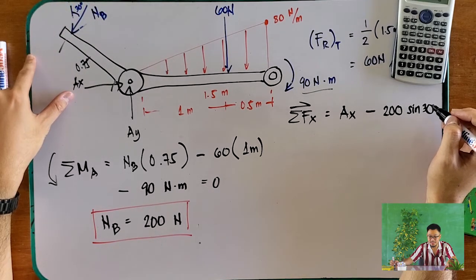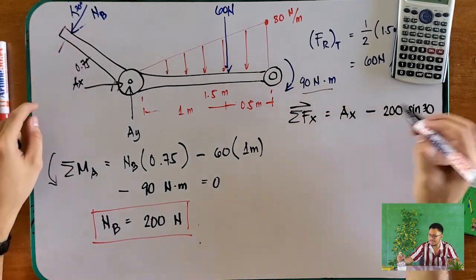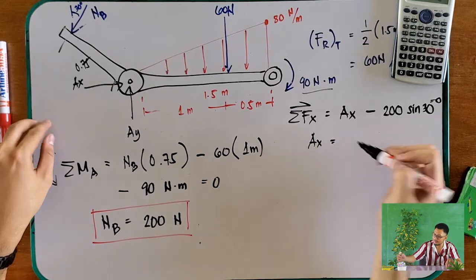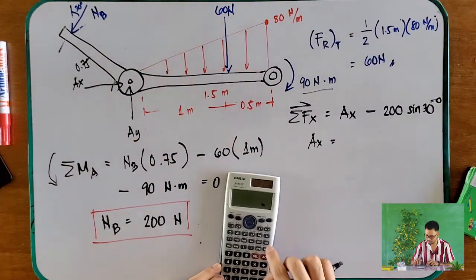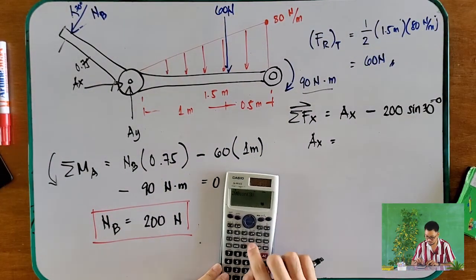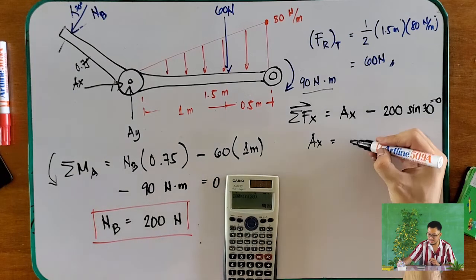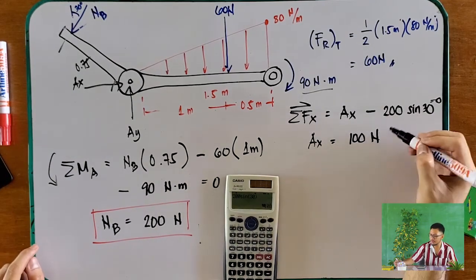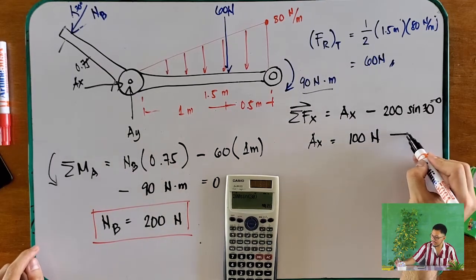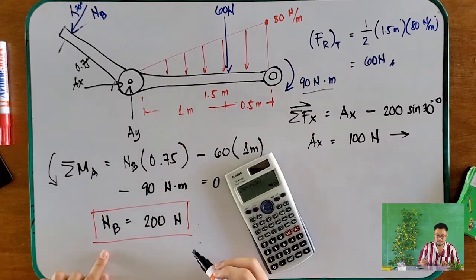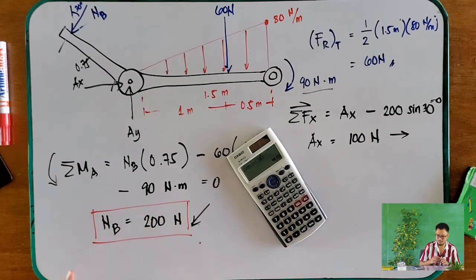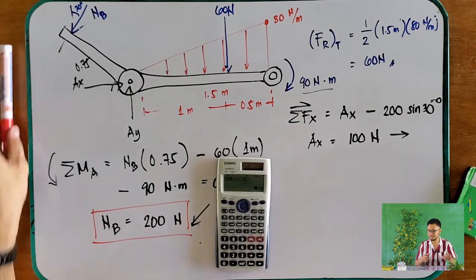There is no other X component, so nothing else, equals to 0. So your AX is equal to 100 newtons going to the left.